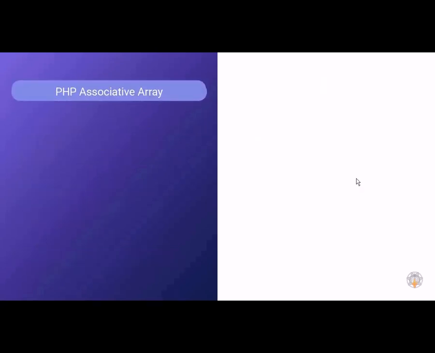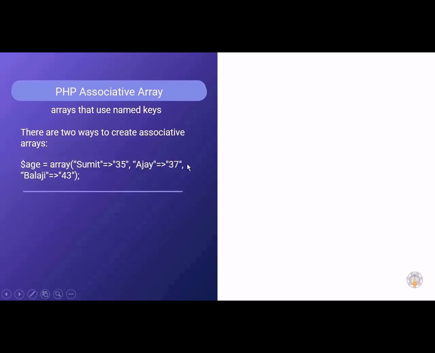Now the associative array. There are two ways to create an associative array. First way, that is age: instead of an index, here we are using a key and its value. Sumit is the key and 35 is the value. Ajay is the key, 37 is the value.